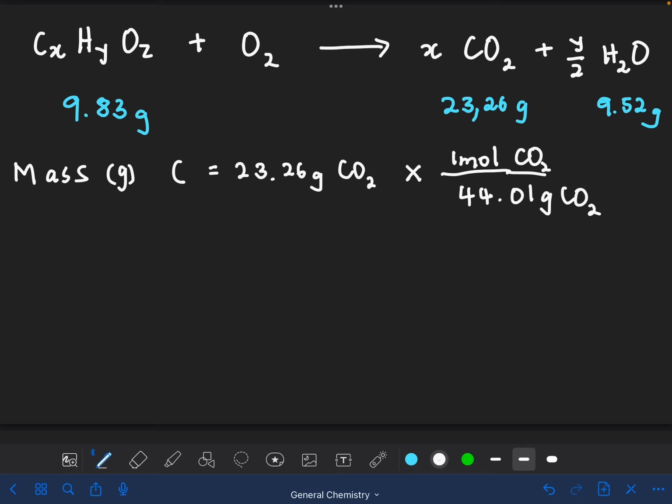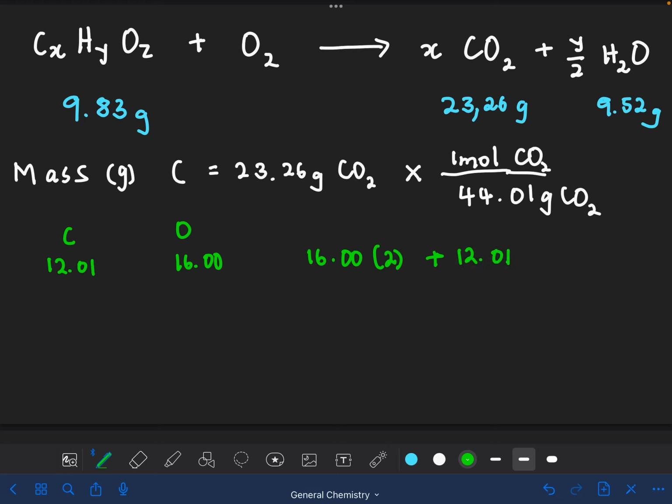For those who are wondering how I got the 44, carbon contributes 12.01 and oxygen contributes 16.00. So 16.00 times 2 plus 12.01.